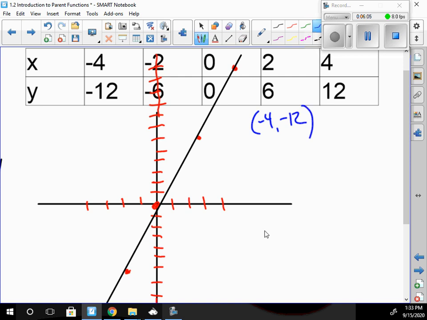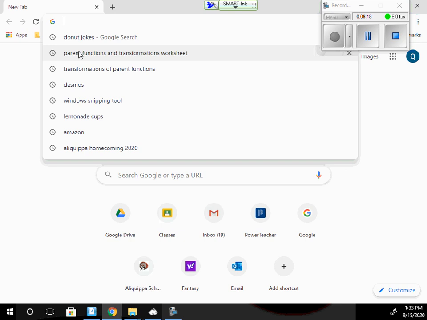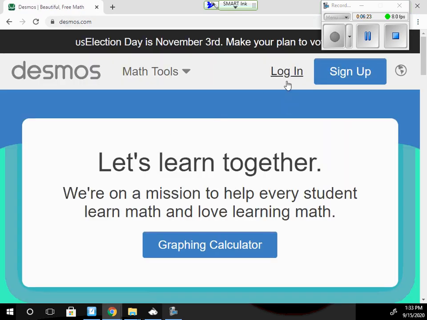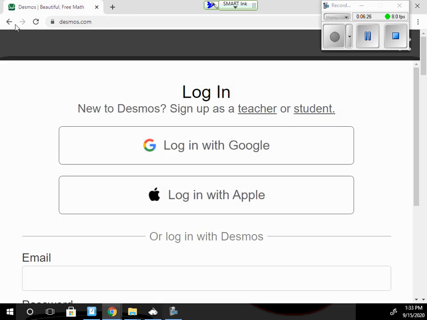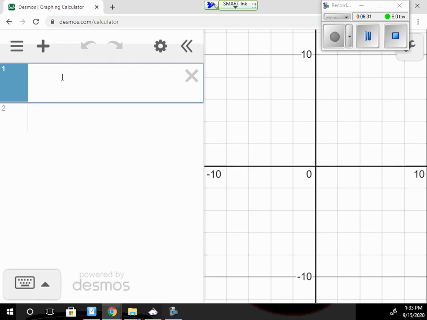And so if I went ahead and opened the Desmos calculator, I can see that stuff. So I can see that using Desmos. And just plotting points like negative 6, negative 12. And I need to put parentheses around these.